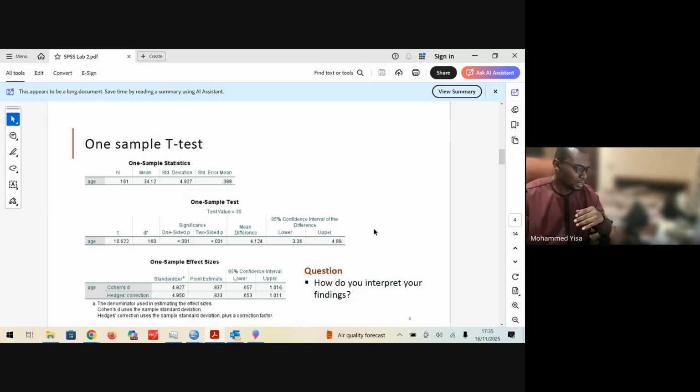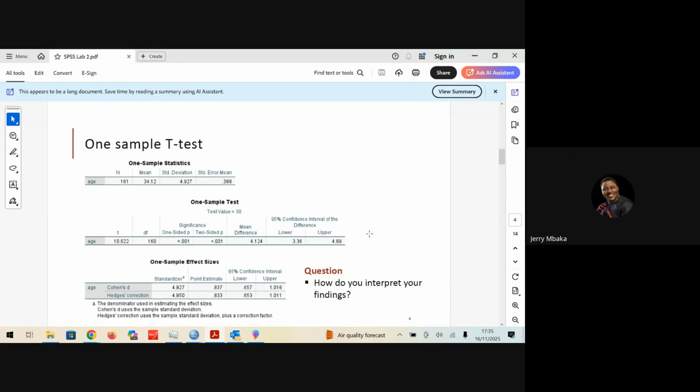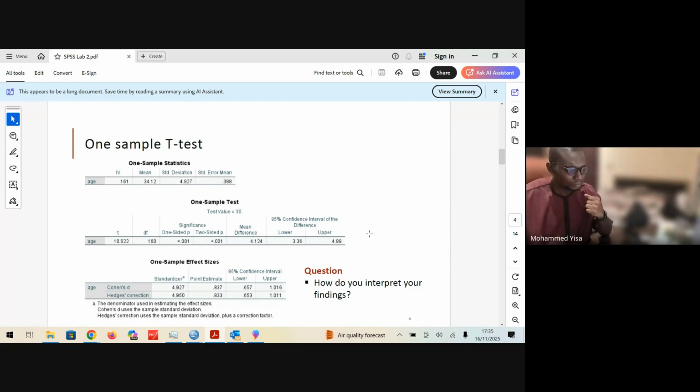So you would say that on average, the average age of the resident doctors in this data set was about 4.1 years higher than 30, with a confidence interval of 3.36 to 4.89. Does that make sense? Yeah. Okay.